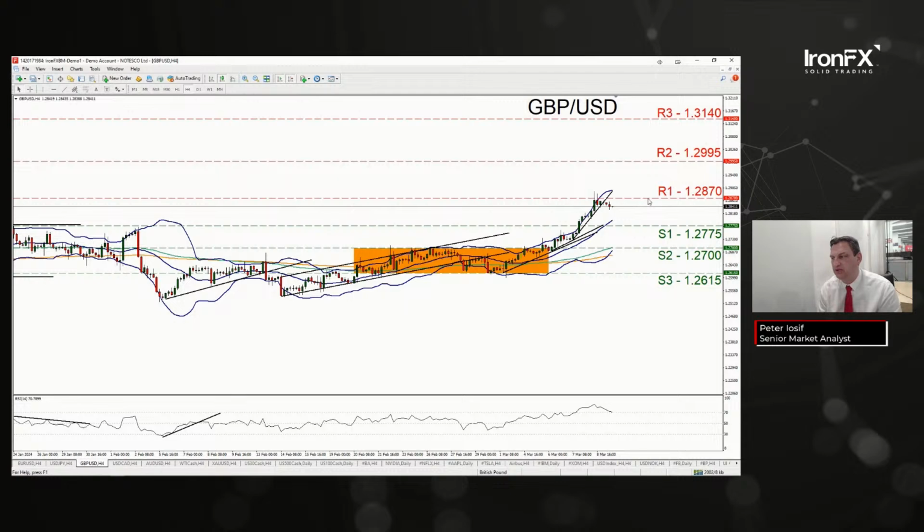Maybe even the 1.2870 will be providing some support to the upward motion. And in that case, the next possible target for the bulls would be the 1.2995. We're talking about 125 pips here, which is pretty wide even for cable standards.